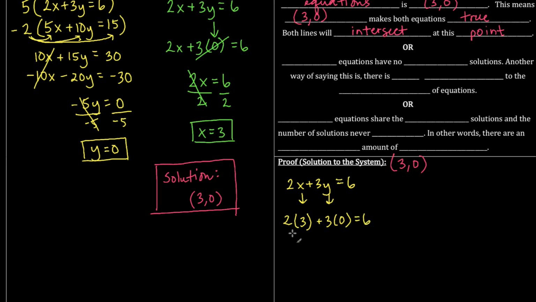So 2 times 3 is 6, 3 times 0 is 0. And 6 plus 0 is, in fact, 6. The left side of our equation is equal to the right side, at least in value.